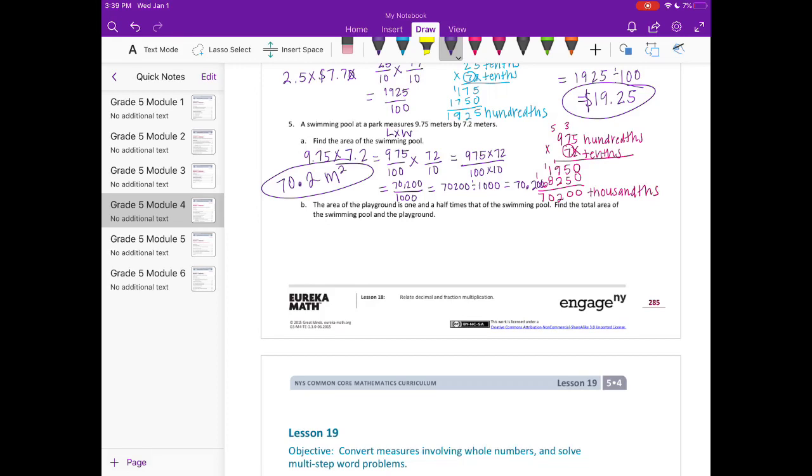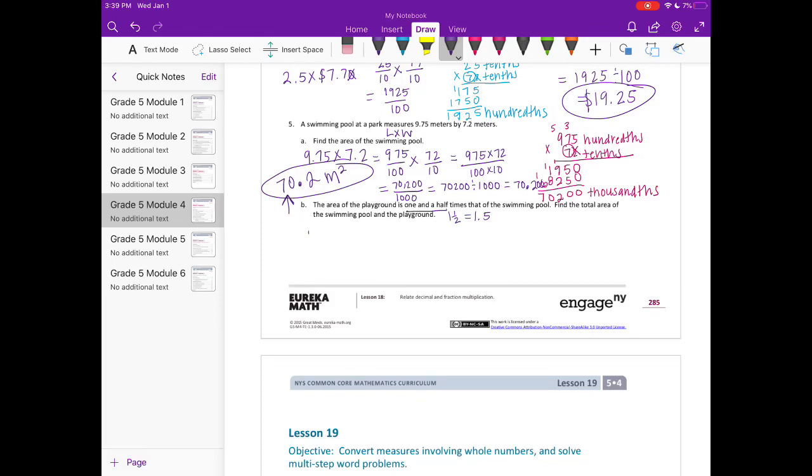B, the area of the playground. So the area of the playground is 1.5 times that of the swimming pool. So here's the swimming pool area. The playground is 1.5, or 1 5/10 of the swimming pool. Find the total area of the swimming pool.